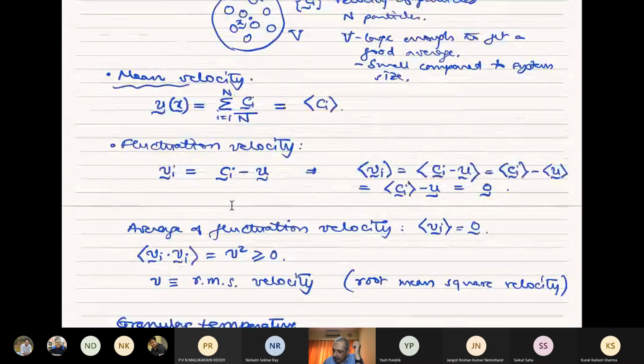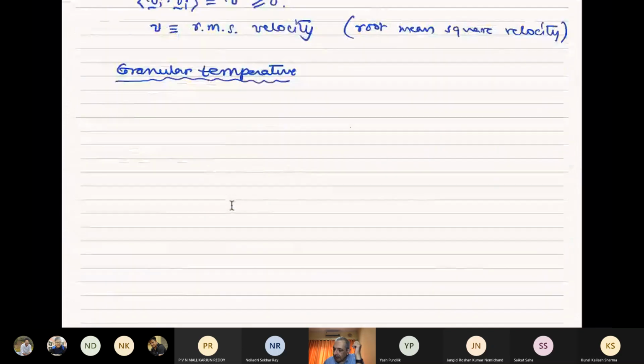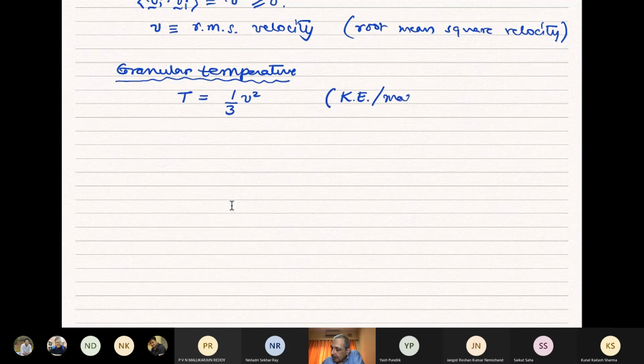So we have the mean velocity, the fluctuation velocity, and then the granular temperature, which is based on the fluctuation velocity. And here we define this granular temperature as just 1/3 of V squared. And this has units of kinetic energy per unit mass. So this temperature is defined in this way.